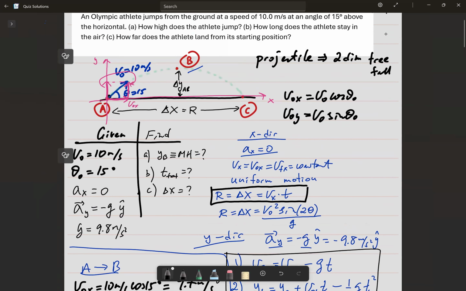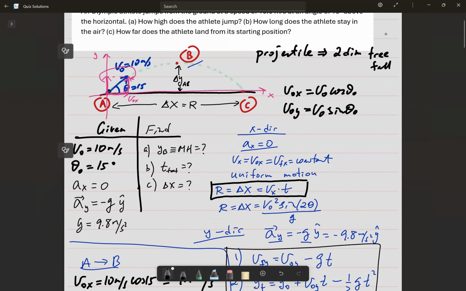One thing to remember is that whenever the object goes to the maximum height, the blue vector here will be the velocity vector itself. It's always tangent to the trajectory. At point B, the velocity vector will be like this. As you can see, it has no vertical component.